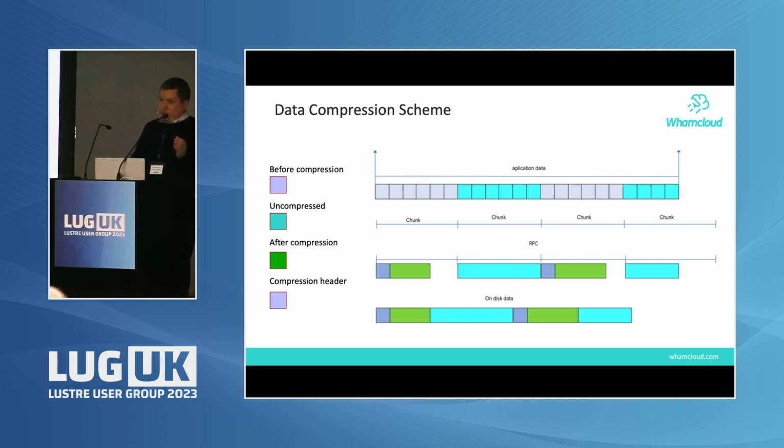Because Lustre is quite a complicated client, we cannot be sure that we always have all the data for a chunk. And in this case, we need some interaction with the server.